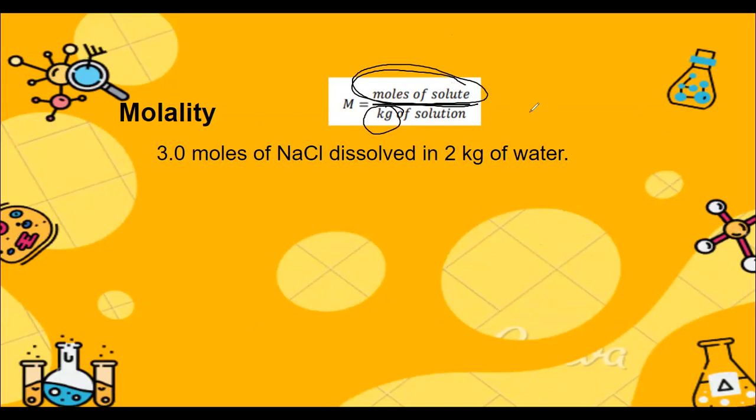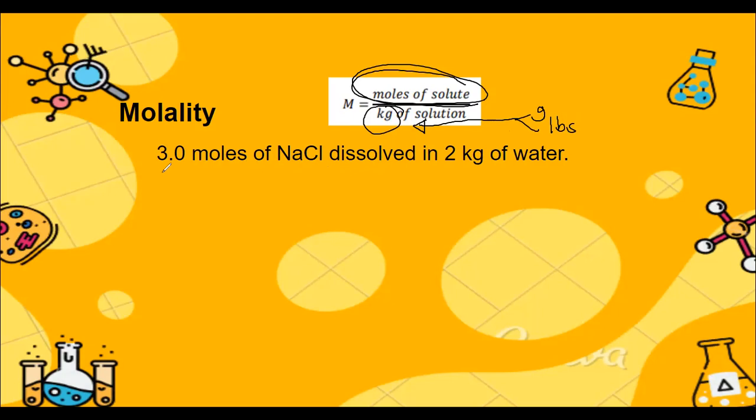For instance, if the solution given in your problem is in grams or pounds, you need to convert it first to kilogram before proceeding to the formula. Okay? Now, let us answer this problem.